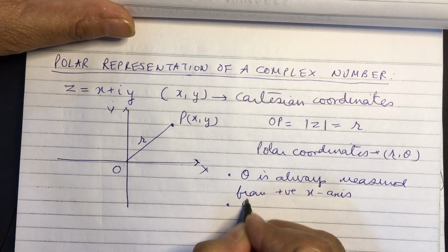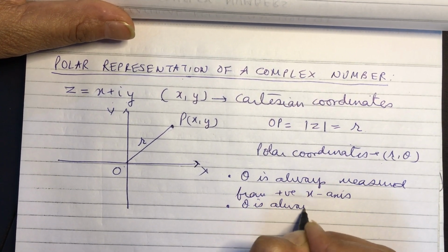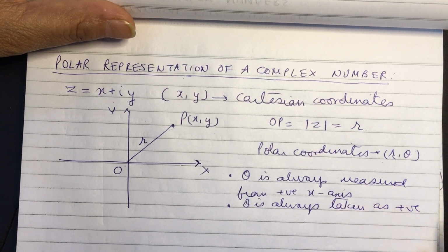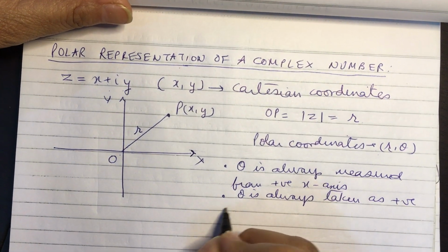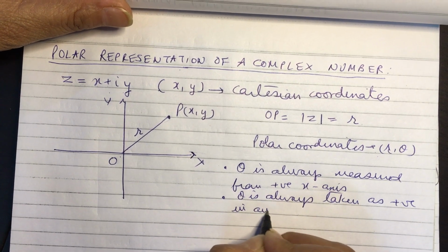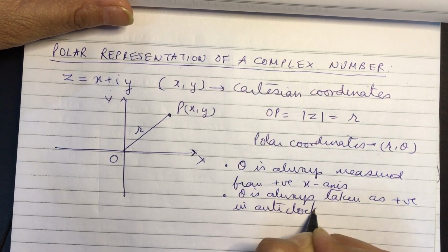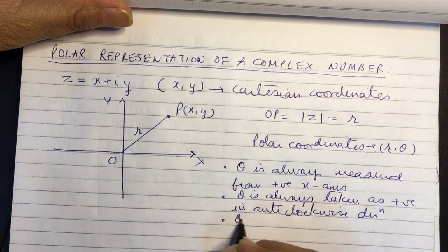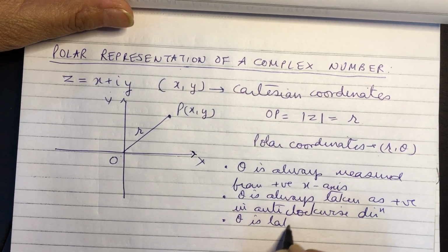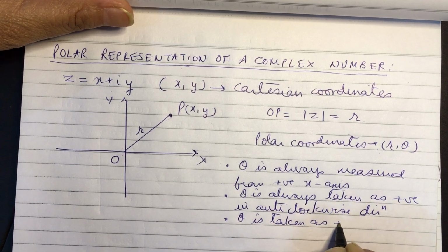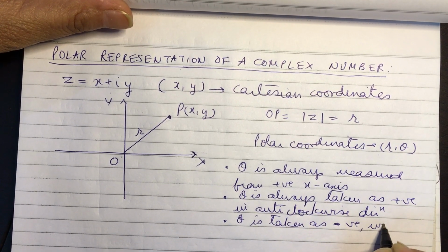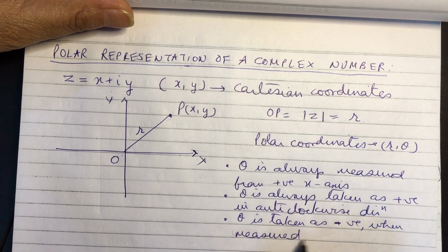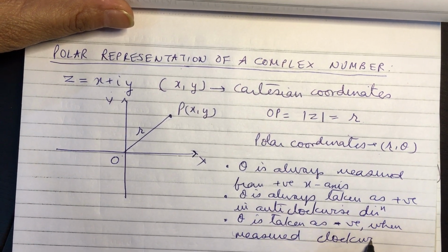Second point is that theta is always taken as positive when it is measured in the anti-clockwise direction, and it is taken as negative when measured in the clockwise direction. Now, what is the meaning of this?